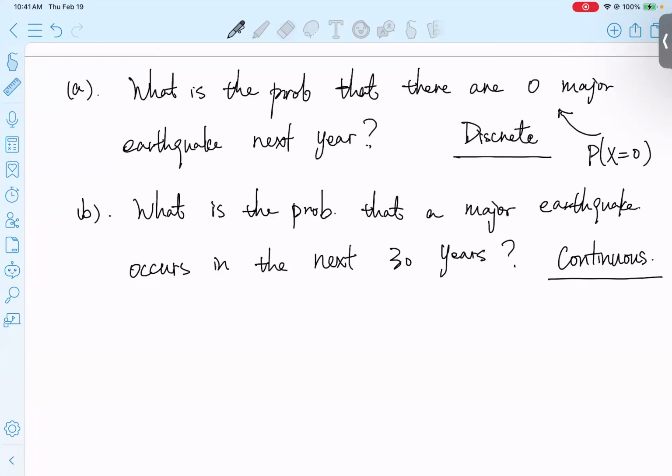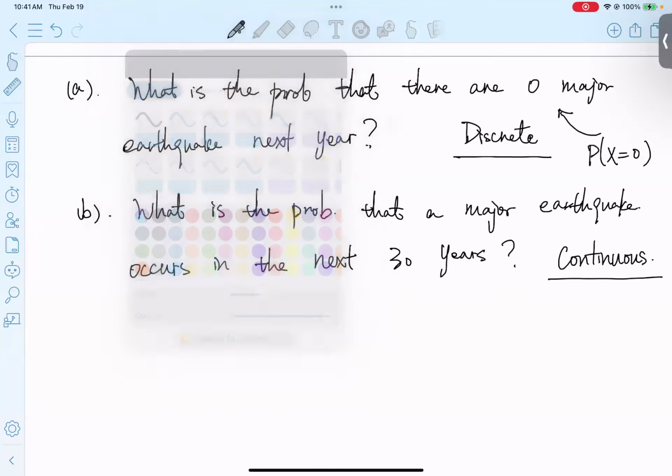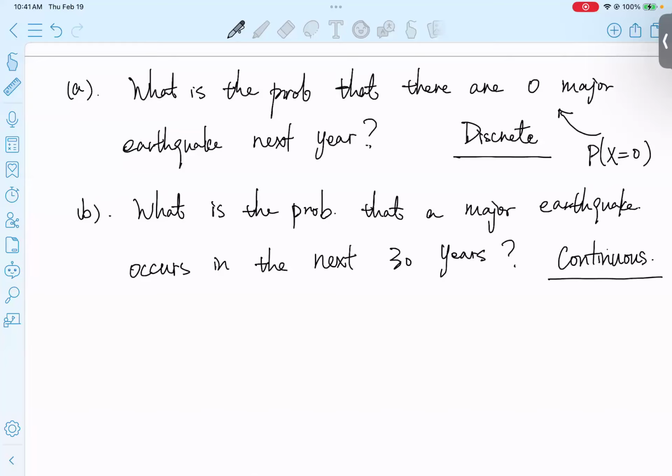In the second case, one reason I consider it continuous is that for a major earthquake occurring in the next 30 years, I think about a time window from the current time point to 30 years away from now. The major earthquake can happen anywhere in here.